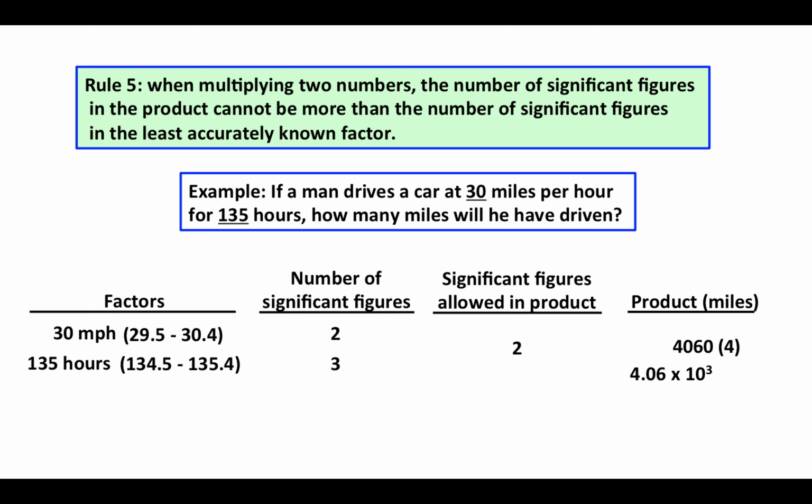So I could write it this way, 4.06 times 10 to the third, that's better, but that's still 3 significant figures. And the only way I can really scientifically express that with validity is 4.1 times 10 to the third miles, which only has 2 significant figures.